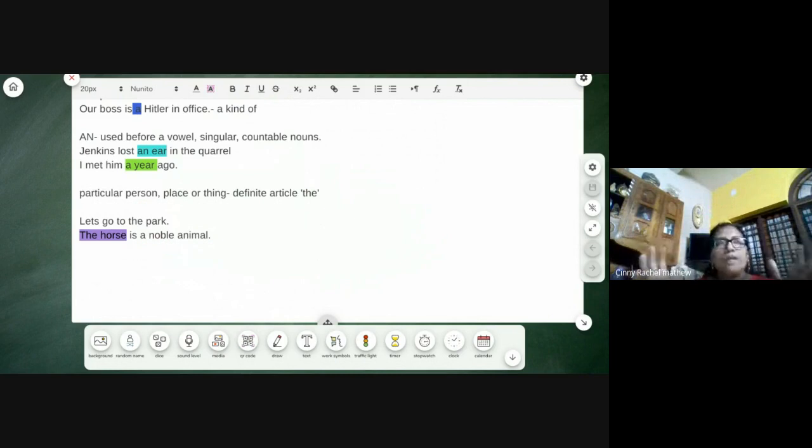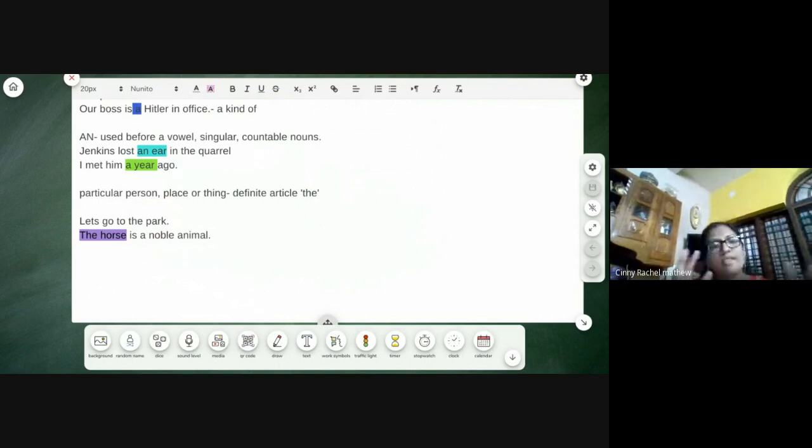The horse here would mean the whole species of horse. The idea of all the horses in the world. So, all the horses in the world is signified by this one term, the horse.